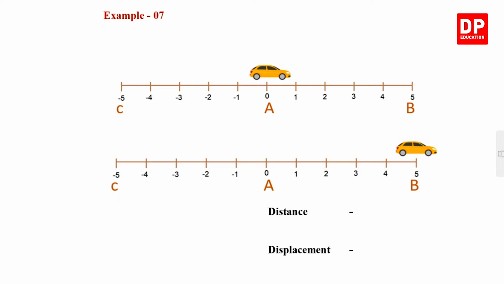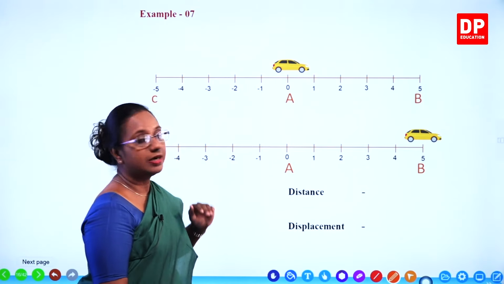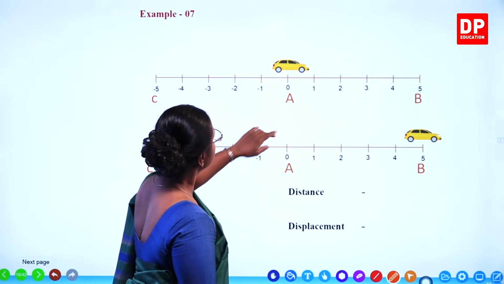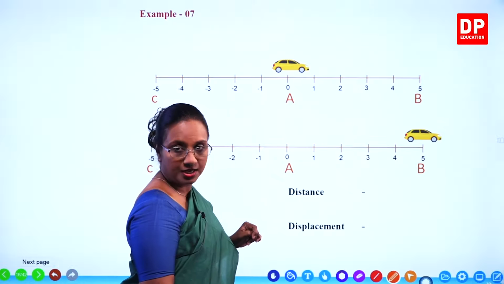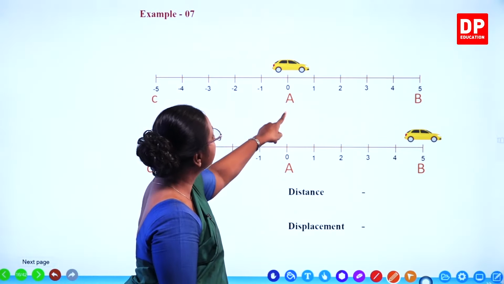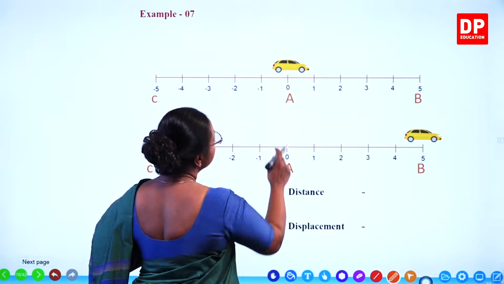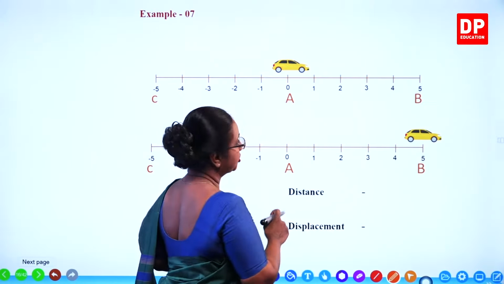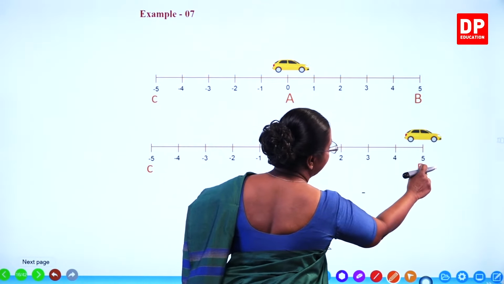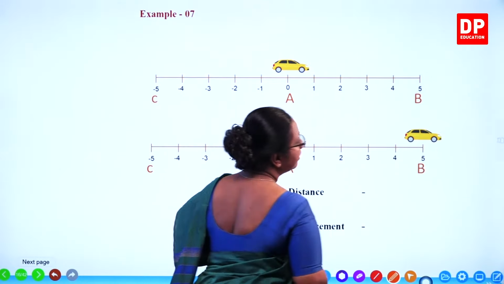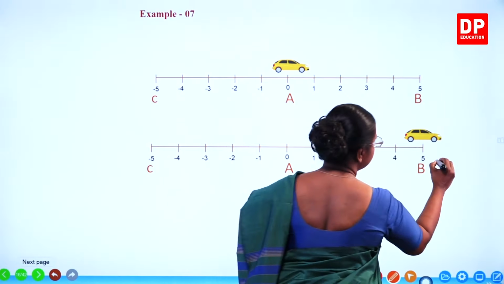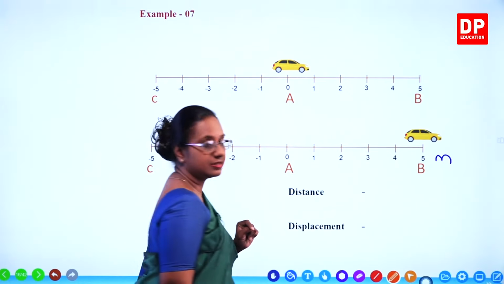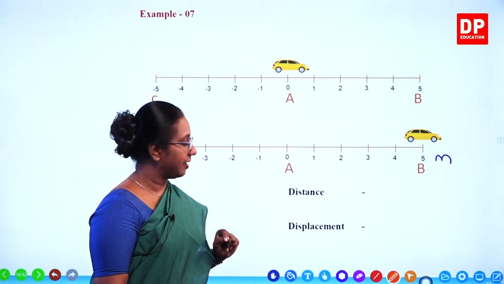Another example where we look at the movement of the car. Now you can see from the first picture, the car is in position A, that is 0, the starting point. So from point A, the car moves in this direction A to B, where the distance we will take as meters. So from 0 to 5 meters, there is a movement in the car.